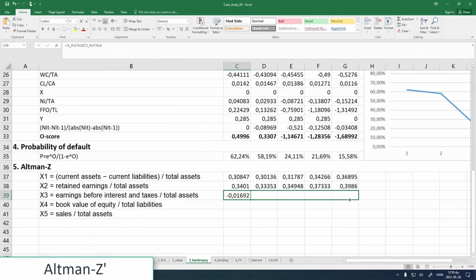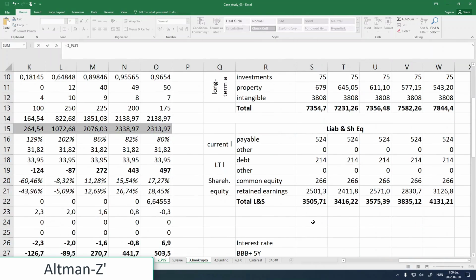Poor thing, it's negative in the first 2 years, but after that we recover so much. Book value of equity divided by total liabilities. This will be a constant.